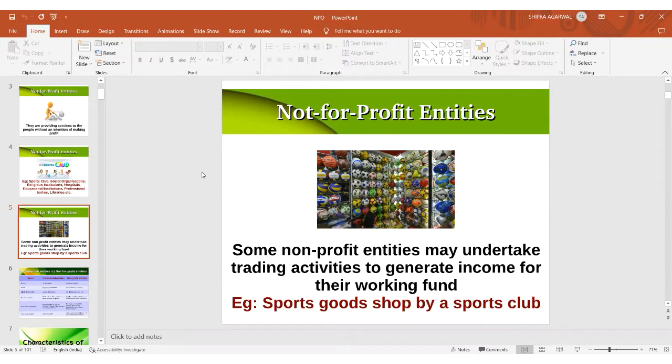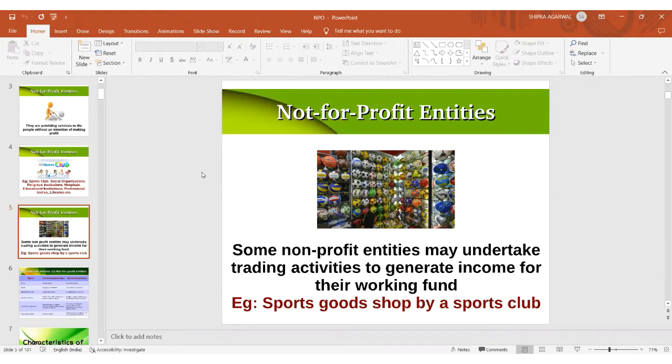So they sell those products also. But even when they sell those products, their basic objective is not to earn profit, but to earn funds for their day-to-day working. And those funds are basically known as working funds, like in case of commercial organizations, we call it working capital, right?